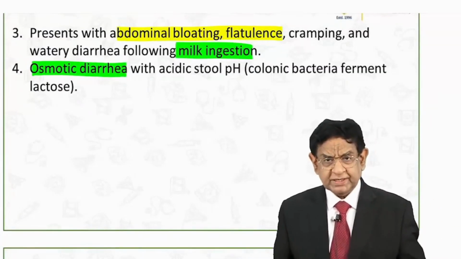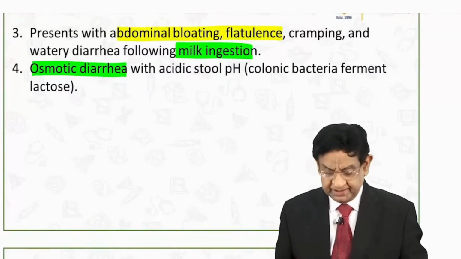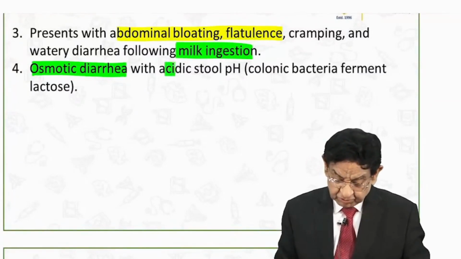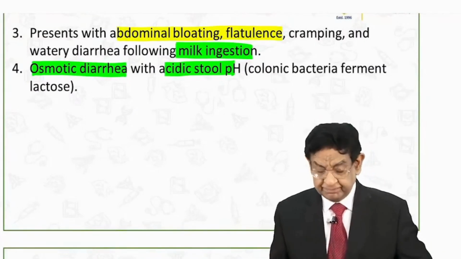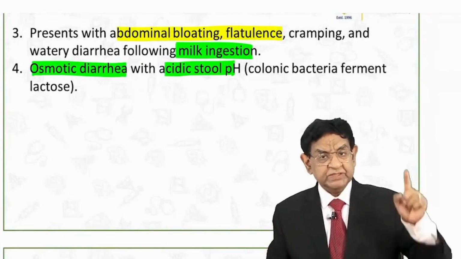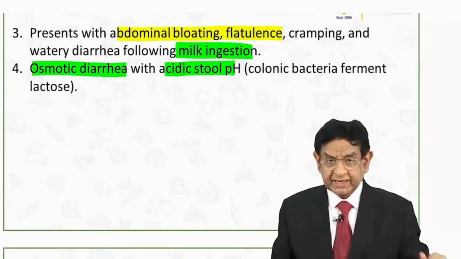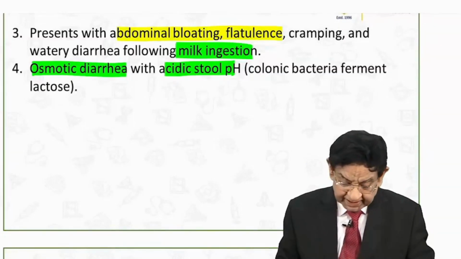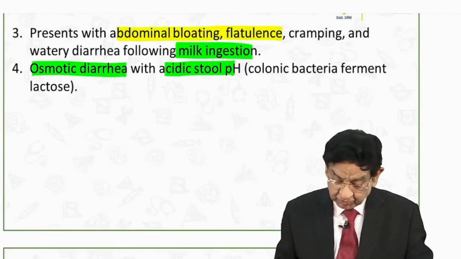Point to be noted: the previous one, celiac disease, was a type of secretory diarrhea. And acidic stool pH, because the lactose which was supposed to be broken down by the lactase is not getting broken down, so colonic bacteria will ferment lactose and they will produce acidic stool.